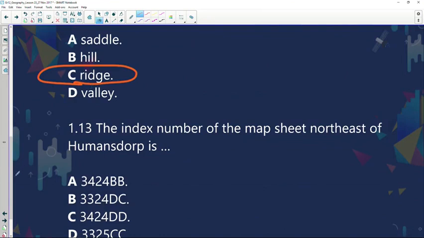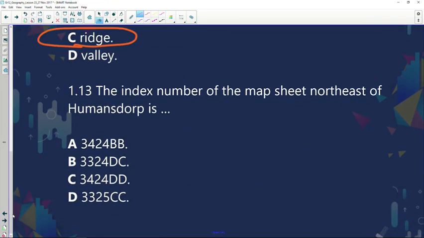Now the next question is map code, and we discussed this in our previous lesson. The index number of the map sheet northeast of Humansdorp is... Now we need to go and determine this. The easiest way to determine this, like I showed you, is to draw your grid of Humansdorp as follows. So what do we know?